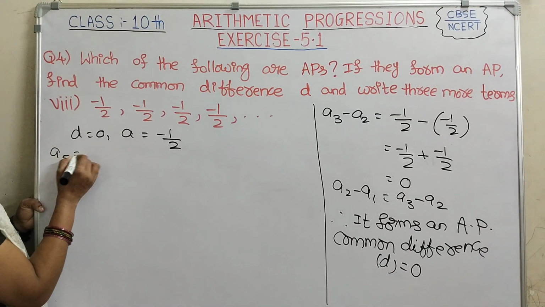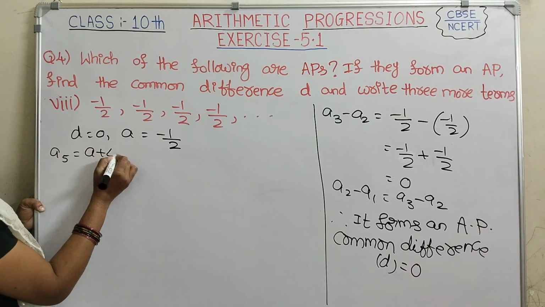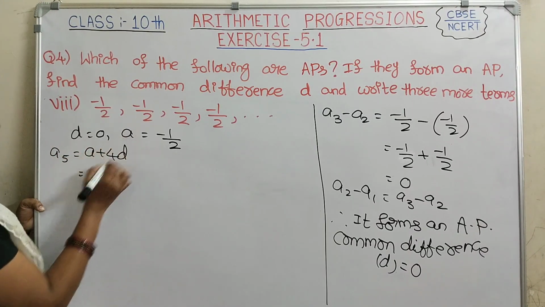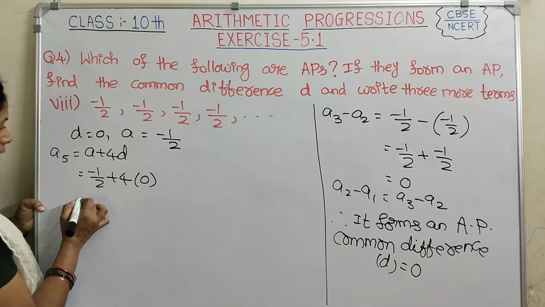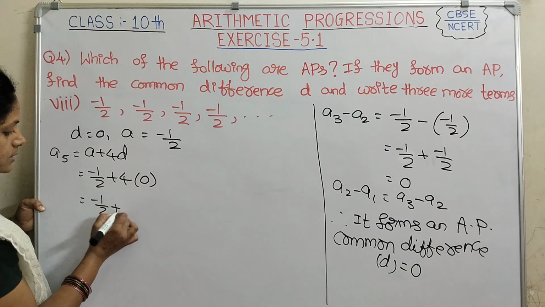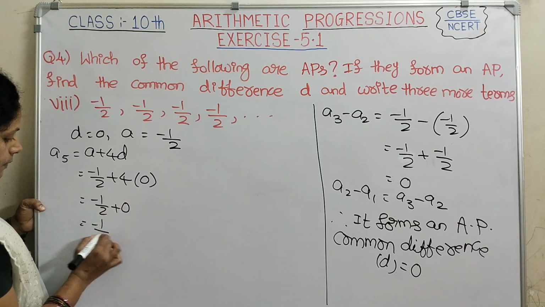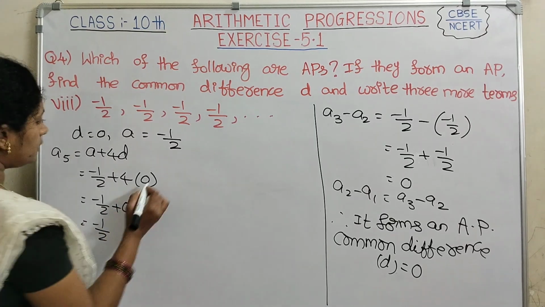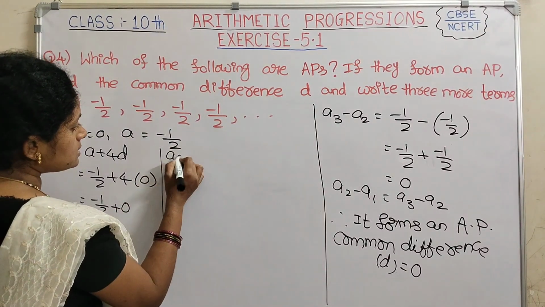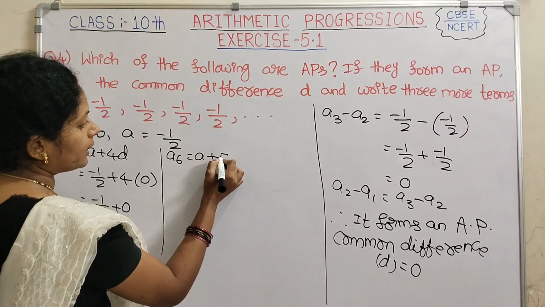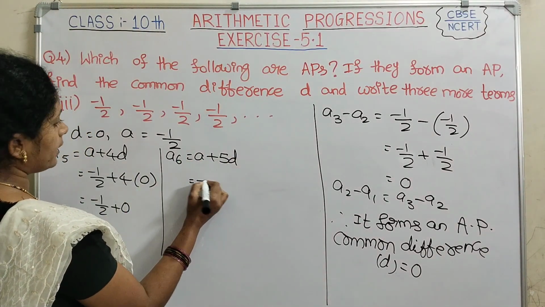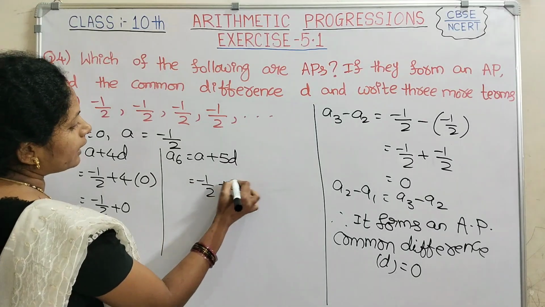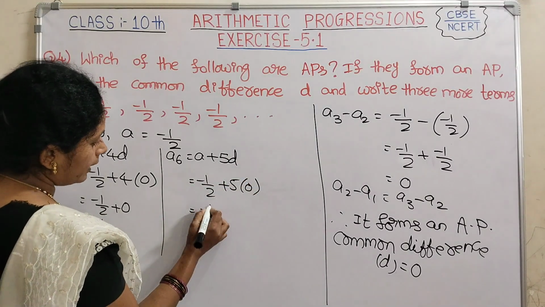Calculate A5. A5 is A plus 4D. A is minus 1 by 2 plus 4 into 0. It is 0. Minus 1 by 2 plus 0 is minus 1 by 2. Next, A6 is equal to A plus 5 into D. A is minus 1 by 2 plus 5 into 0, which gives minus 1 by 2.